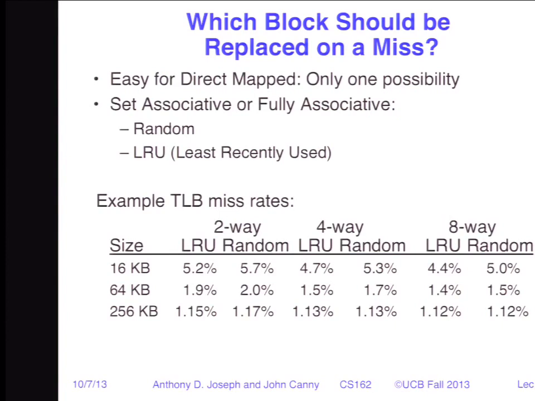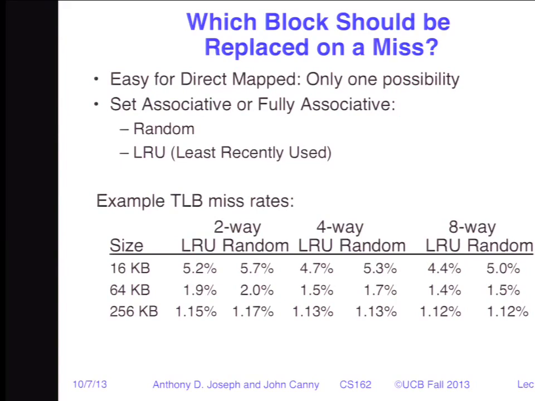So we expect LRU to do better, although as we get to larger cache sizes, it actually turns out random does much closer because the odds that we're going to evict an entry that we're then going to go and reference are much, much smaller in the larger cache sizes. Also, as we make the cache size larger, our miss rate goes down, although there are going to be diminishing returns.